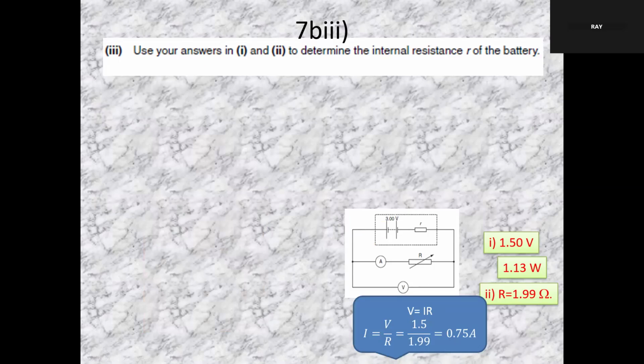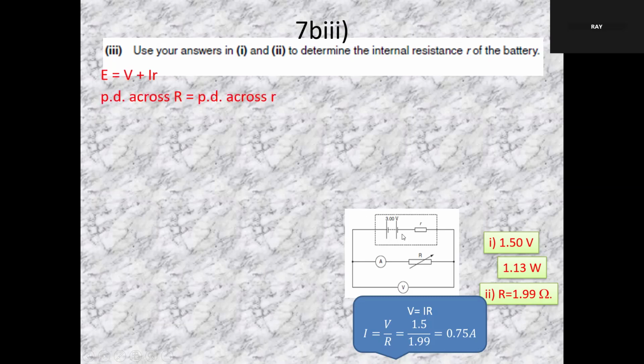Use your answers in 1 and 2 to determine the internal resistance of the battery. How to determine the internal resistance? You can argue it out. You already got the potential difference across R, so this is 1.5 here and this is also 1.5, so both of them have the same resistance.